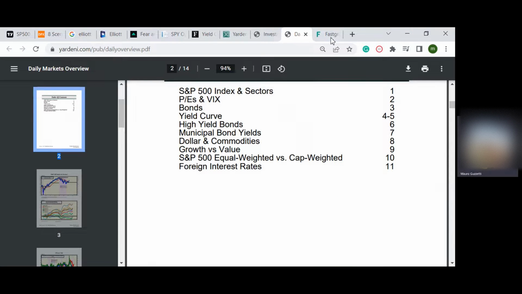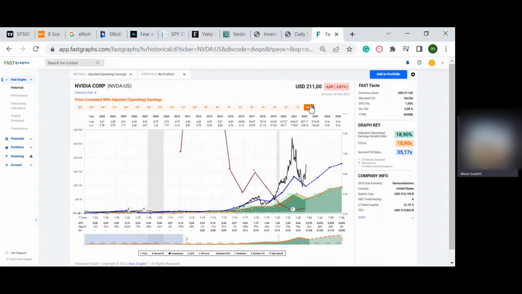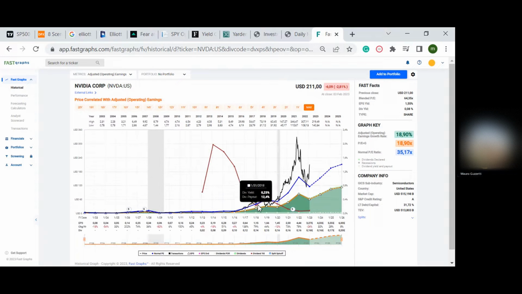And last but not least, I want to show you, for example, how high valuations are. That's Nvidia. Look, that's a very useful tool that I use to invest. It's called Fast Graphs. It shows me in green the earnings of the company and the price to earnings that would correspond to 15 times the earnings, or to the average growth of the company.